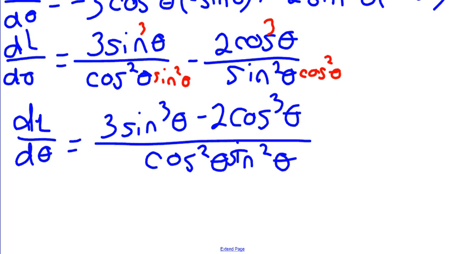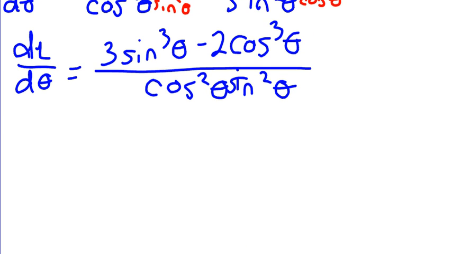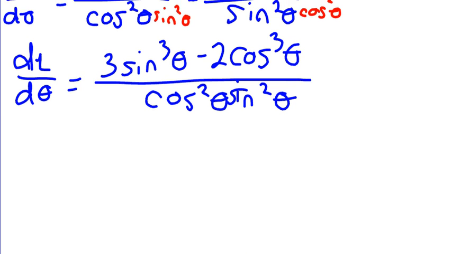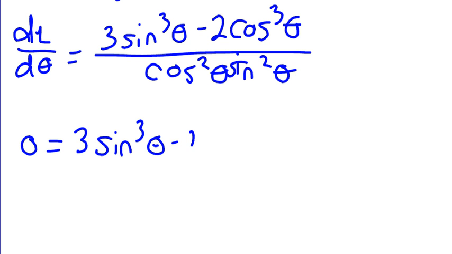Okay, now that I have it as one fraction, I'm going to set that numerator equal to 0. So 0 equals 3 sine cubed theta minus 2 cosine cubed theta.